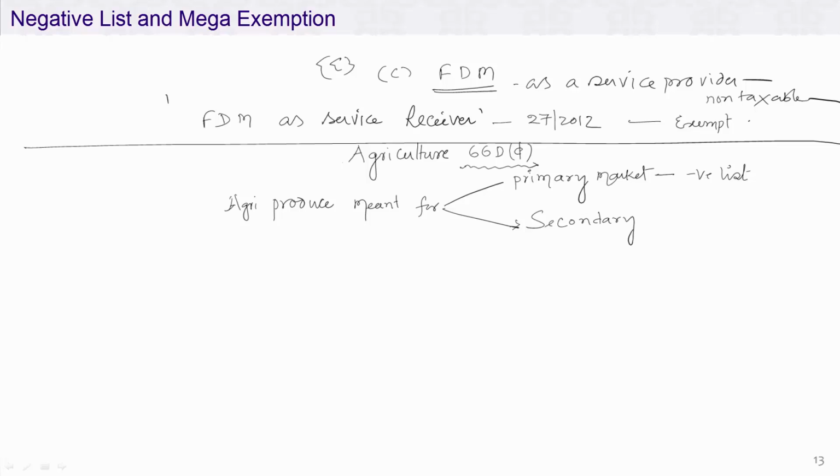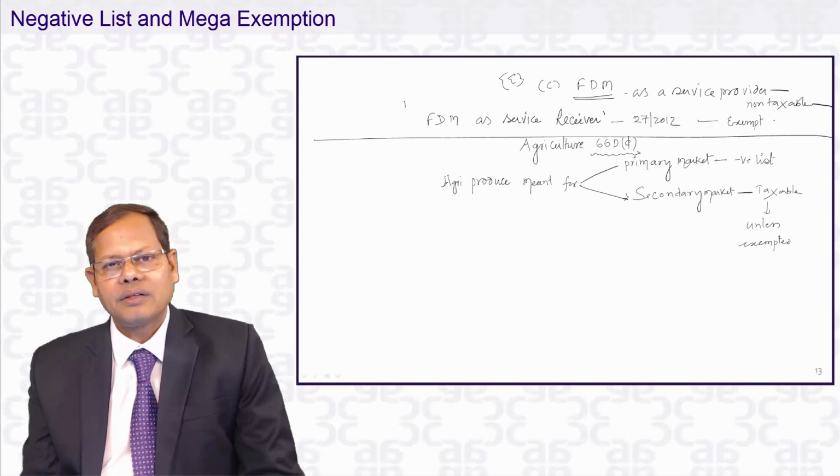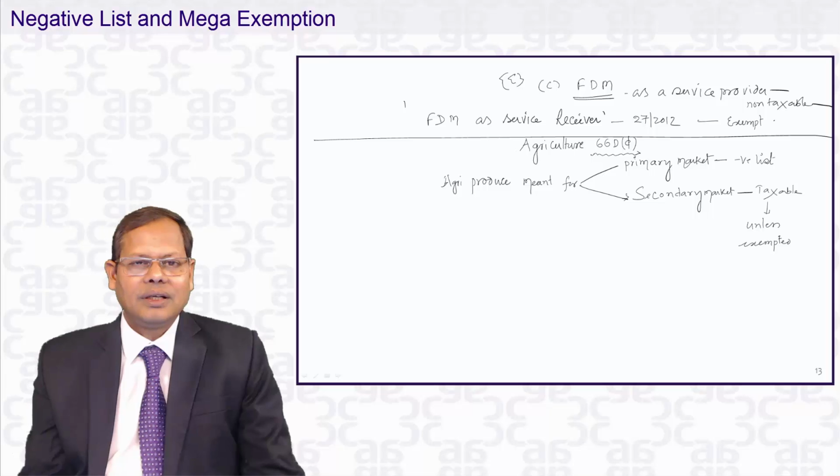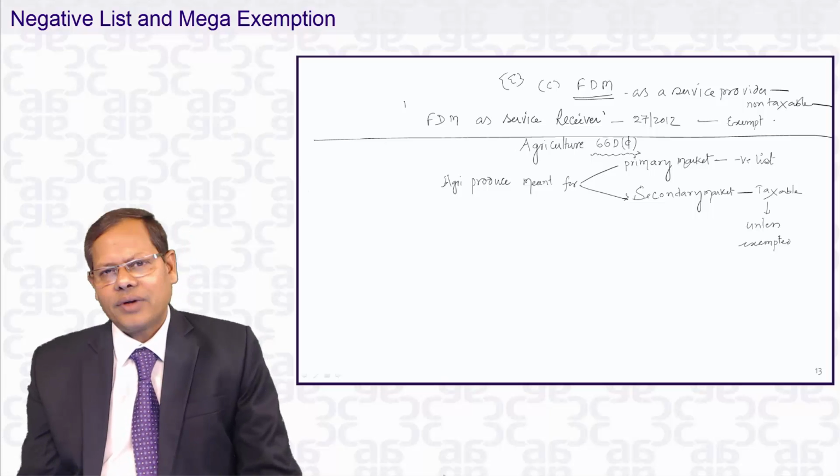Goods produce meant for the secondary market is taxable unless exempted otherwise. Exempted mostly, you can say exempted under mega exemption. If you don't find any particular activity under mega exemption, that is automatically taxable.